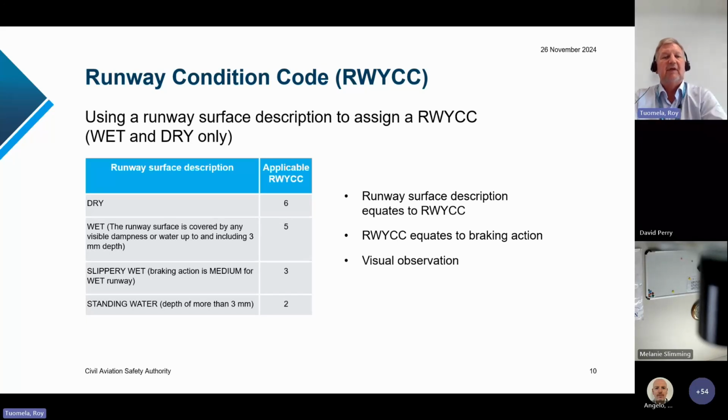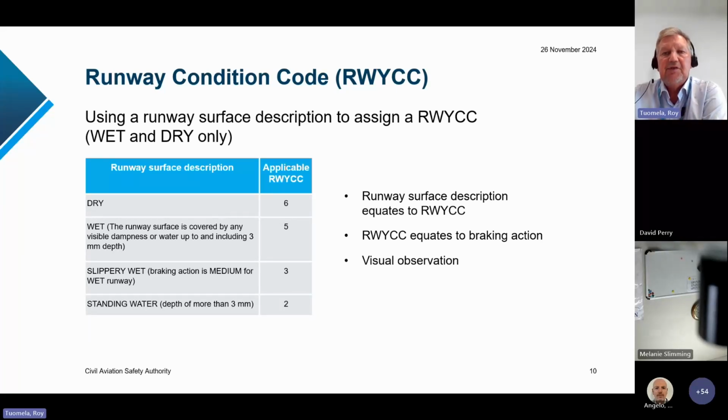We've broken it up, in our regulations and also in our guidance material, into wet and dry runway conditions and snow and ice runway conditions, because predominantly in Australia we'll have wet and dry runways, and there are very few aerodromes that experience snow and ice conditions, and they can have other mechanisms to, if they don't want to do an RCR, they can also just have the option to completely close the runway.